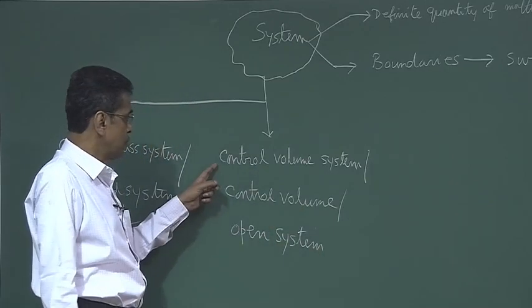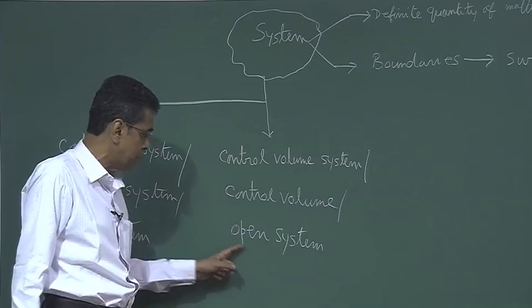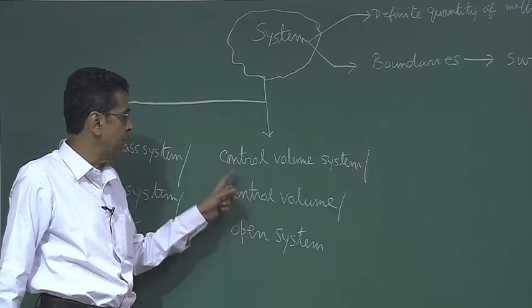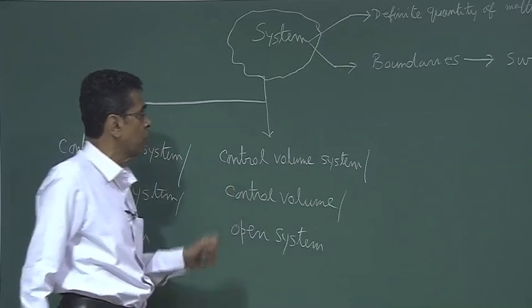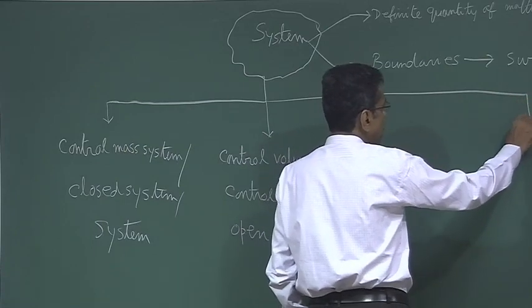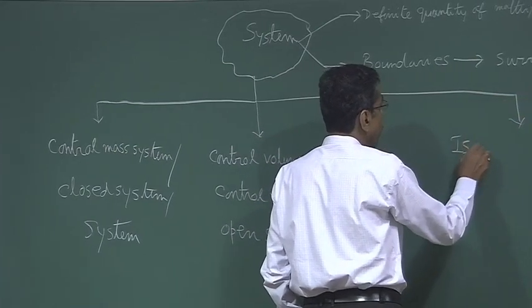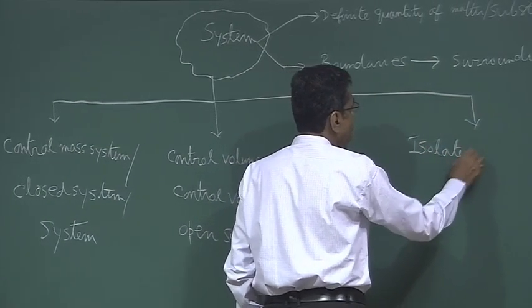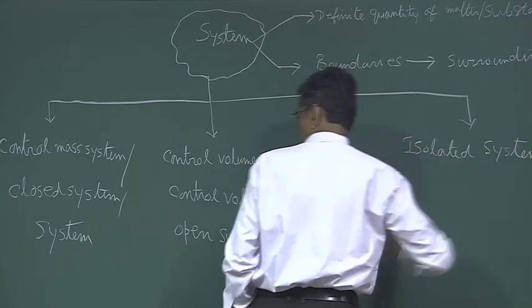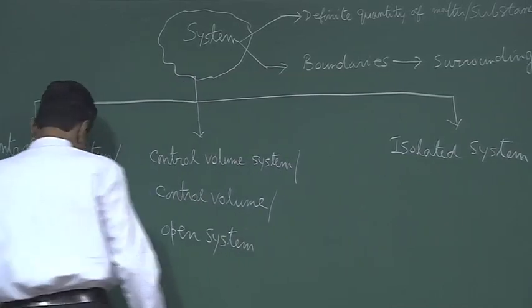So, control volume system or control volume, usually in thermodynamics people use this terminology open system, while in the analysis of fluid mechanics, control volume system or control volume. Another one is isolated system.